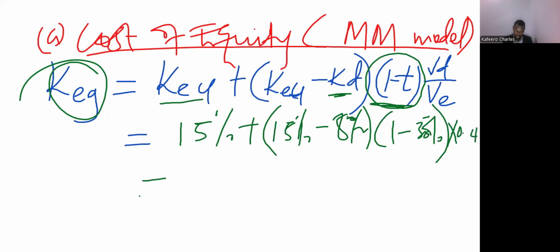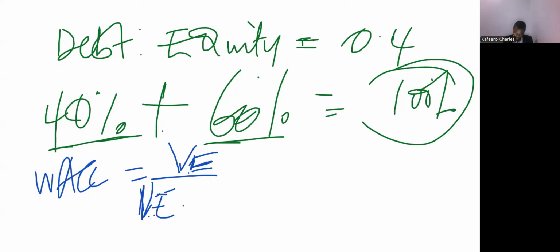So you need now to get your WACC. Of course, we know the formula for WACC. We said WACC equals VE over VE plus VD times KE, that is the cost of equity, plus VD over VD plus VE, which you multiply by KD, adjusted for tax, 1 minus the tax rate.